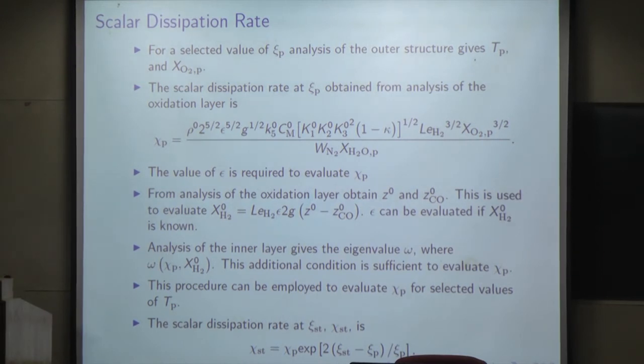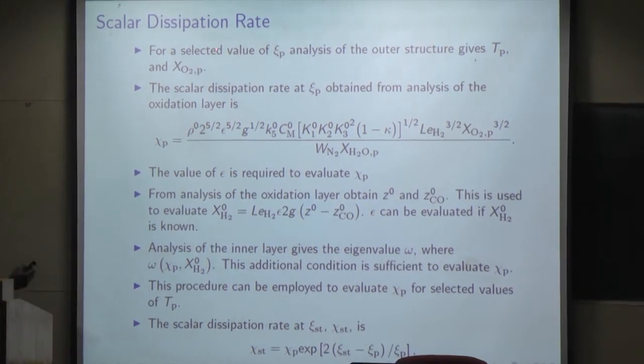So now, by doing the entire matching of the inner layer to the oxidation layer, and eventually matching the oxidation layer to the outer structure, we eventually get the scalar dissipation rate. So here this kind of outlines the procedure that one would use to get the scalar dissipation rate.